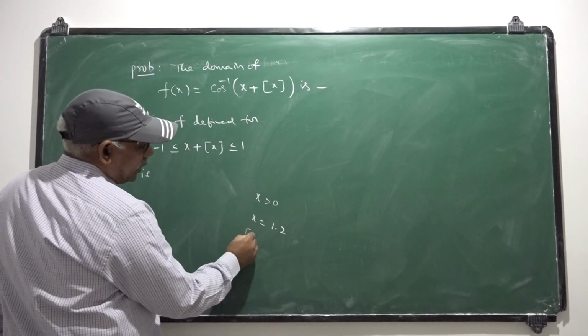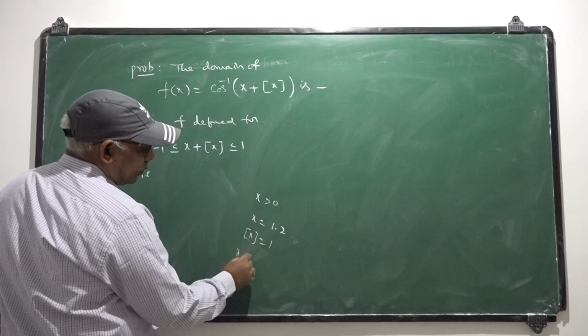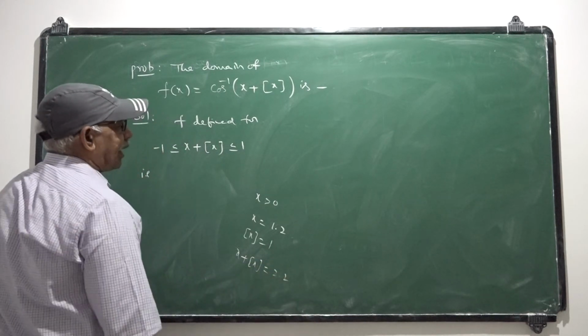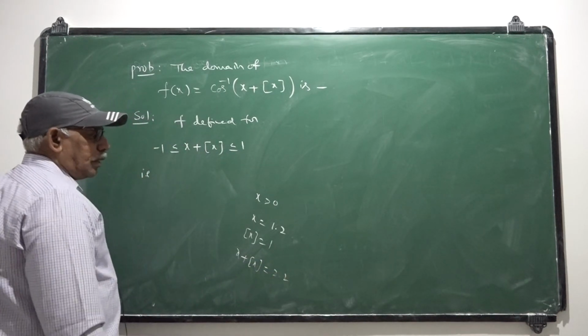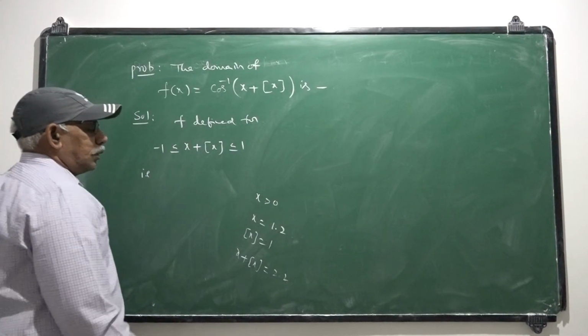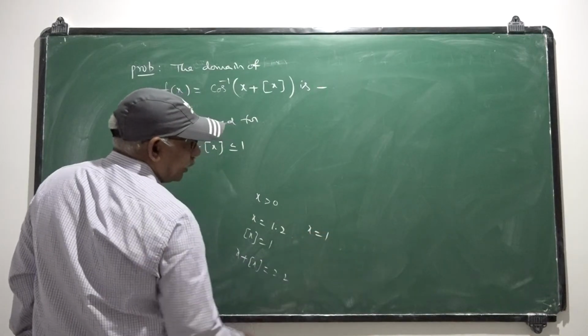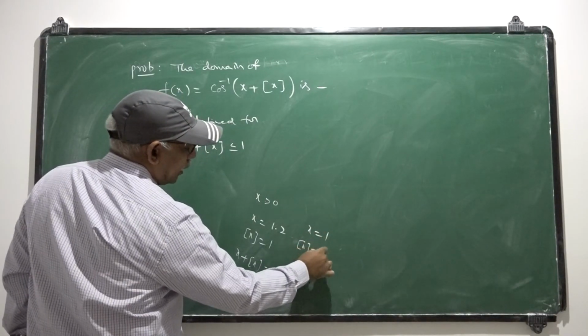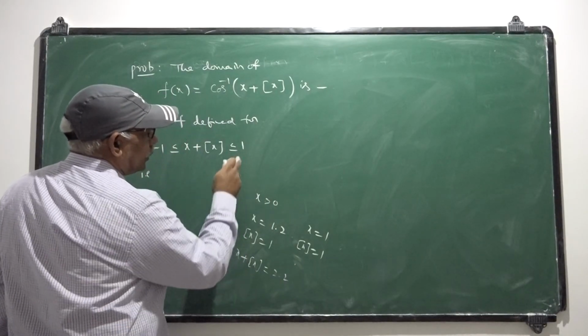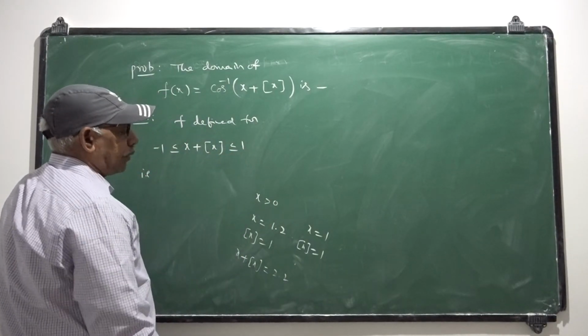Step x is clearly 1, so x plus step x is 2.2, more than 1. If x equal to 1 only, step x is 1, so that x plus step x is 2, still greater than 1.